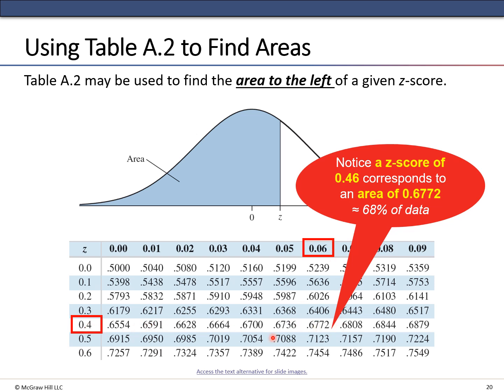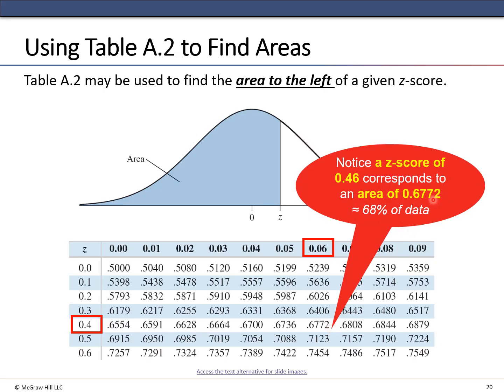0.46. Notice a z-score of 0.46 corresponds roughly to 67.72% of the data, or a proportion of 0.6772, which is roughly 68% of the data.